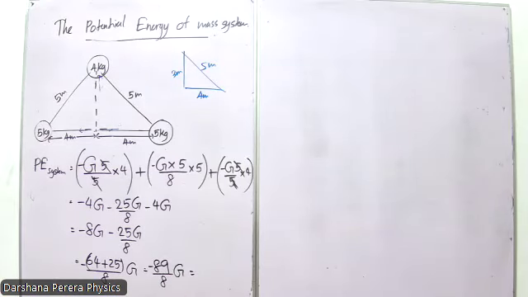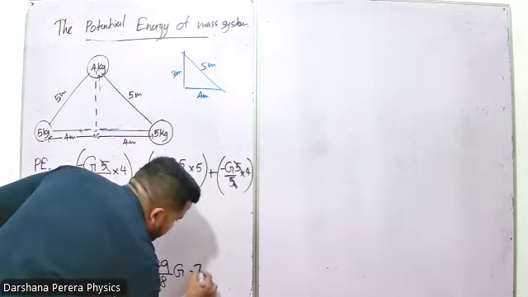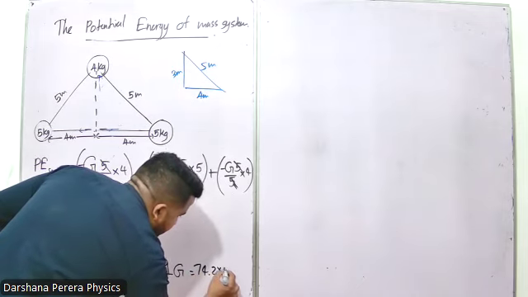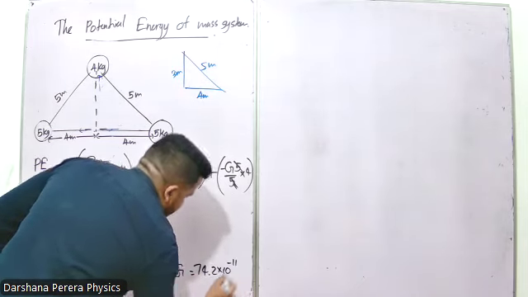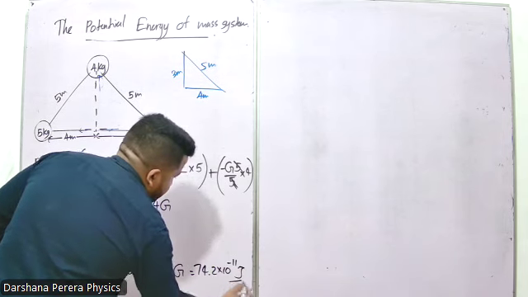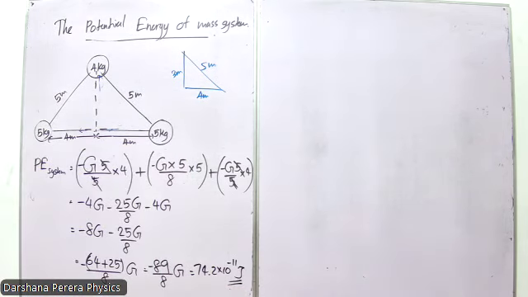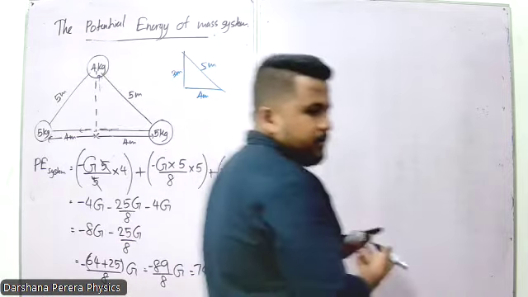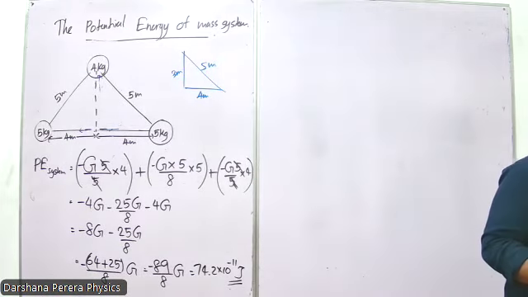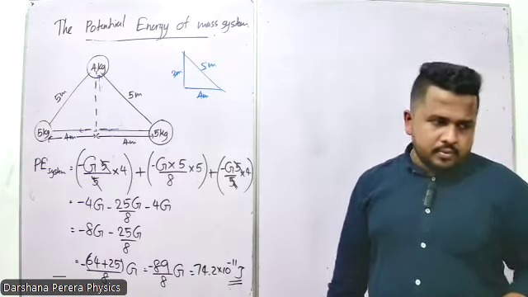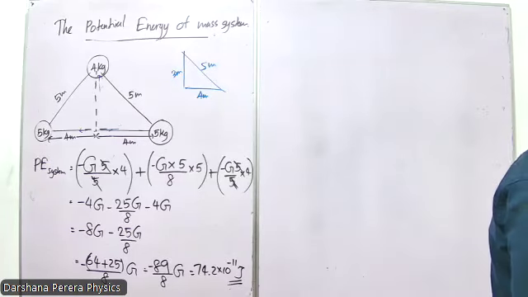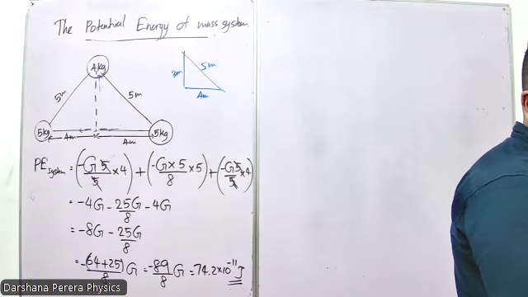So this is the answer. Answer is 74.2 into 10 to the power minus 11 joule. Okay. I think it's clear. This is the potential energy of the system of mass. Okay.